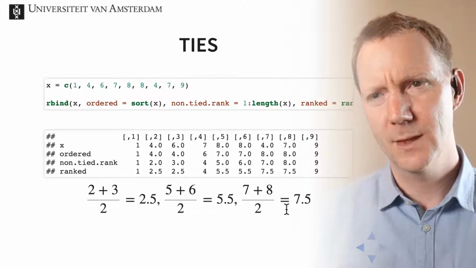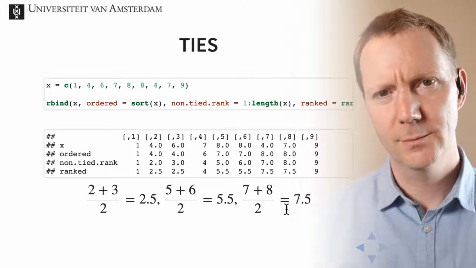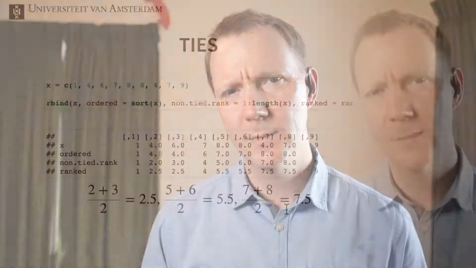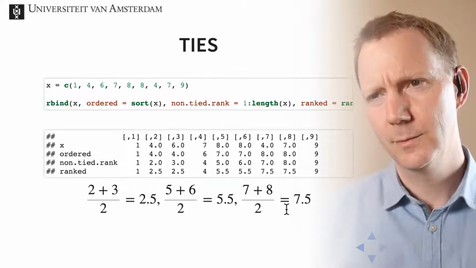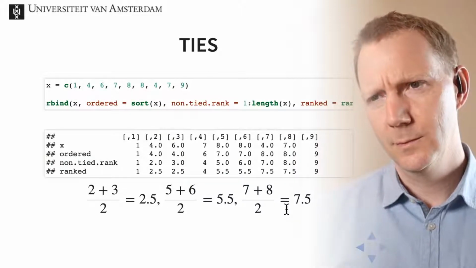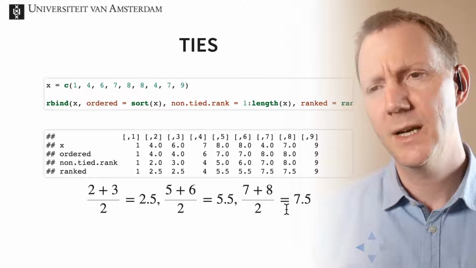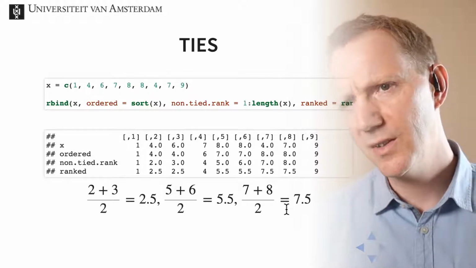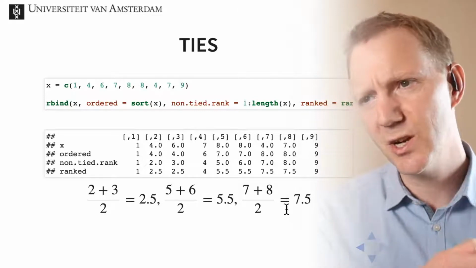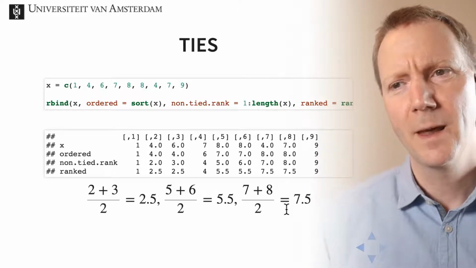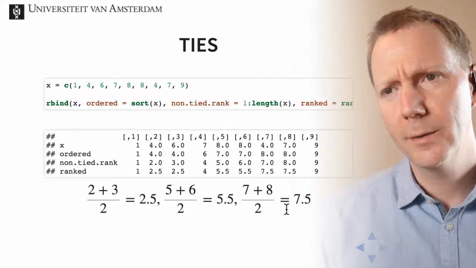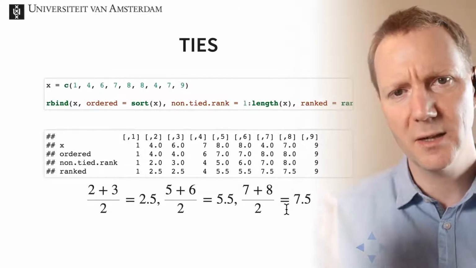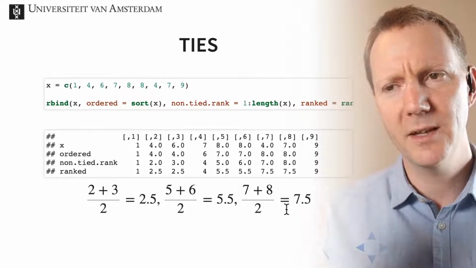I do have a question though, because I understand the last part, but can you go back to the slide? I can't see it anymore. Yeah. So the non-tied rank essentially is just like numbering up how many values you have, because there's 9 values. Exactly. So the non-tied rank is just you start at 1 and you go to the end, and of course the order of the ones that are tied, that are the same, that doesn't matter.